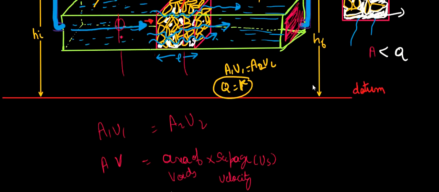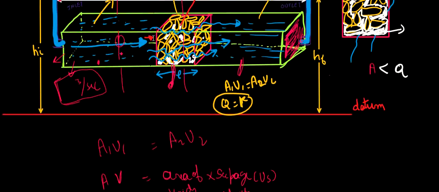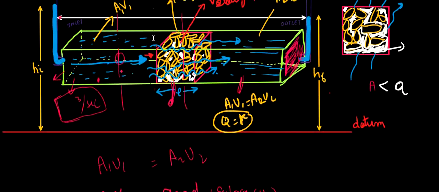So now let us suppose, let's first give dimensions to our section. Suppose this is a square cross section. This glass tube has a square cross section of 4 into 4 meter, and suppose the velocity at this point is 2 meter per second.